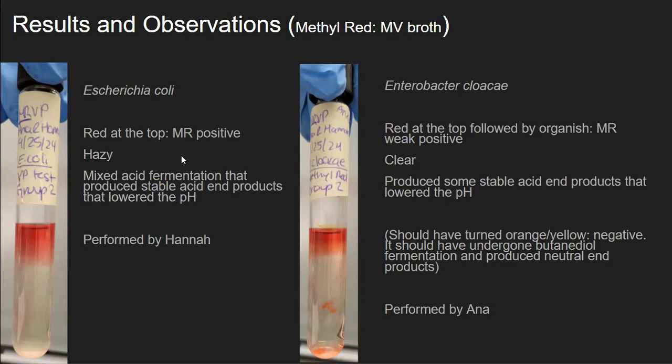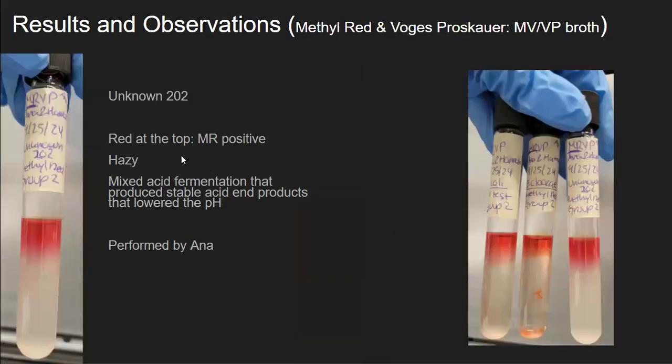It was also clear and produced some stable acid end products that lowered the pH. In reality, however, it should have turned orange-yellow, negative. It should have undergone butanediol fermentation and produced neutral end products. For unknown 202, it was also red at the top, indicating that it was MR positive and hazy. It therefore displayed mixed acid fermentation that produced stable acid end products that lowered the pH.